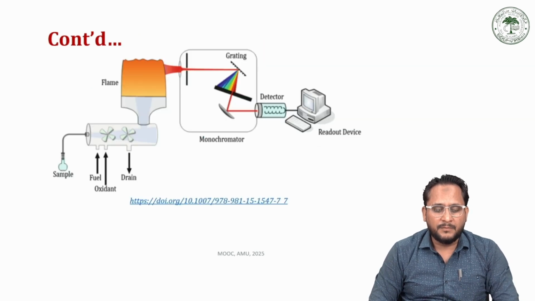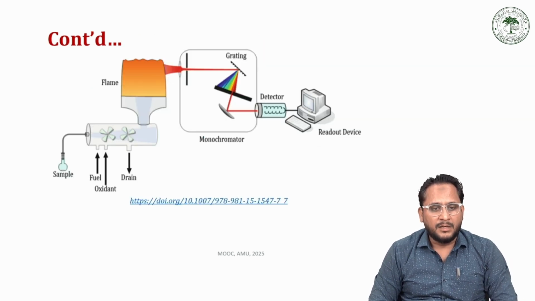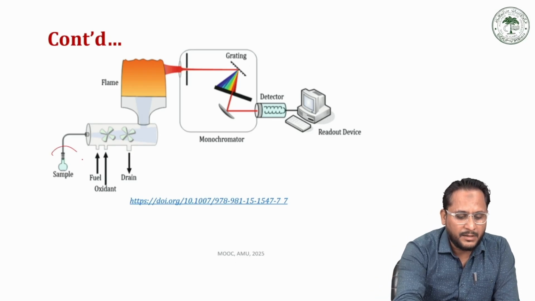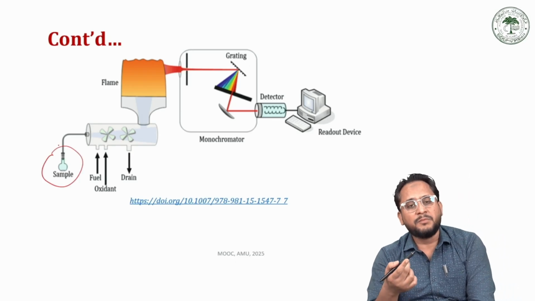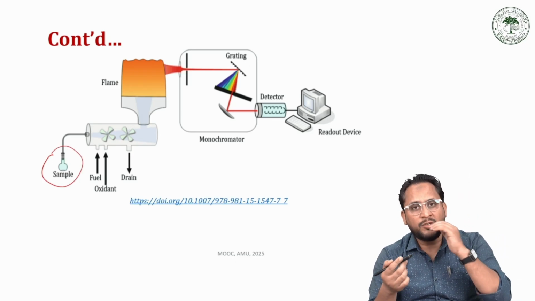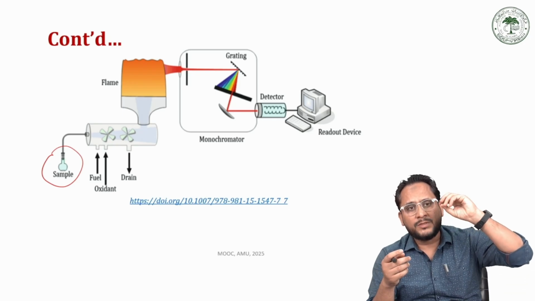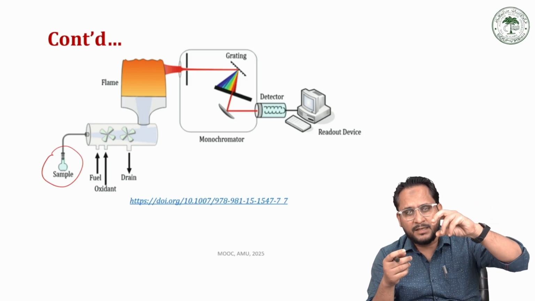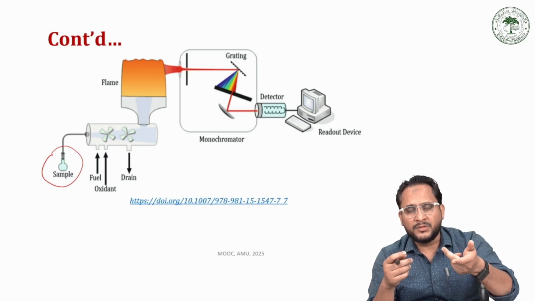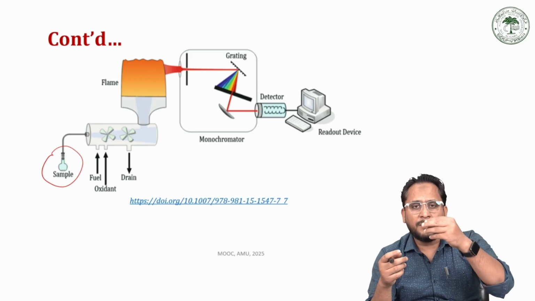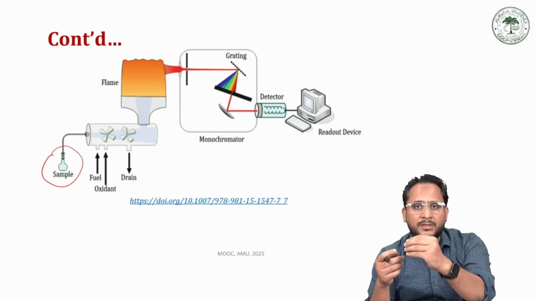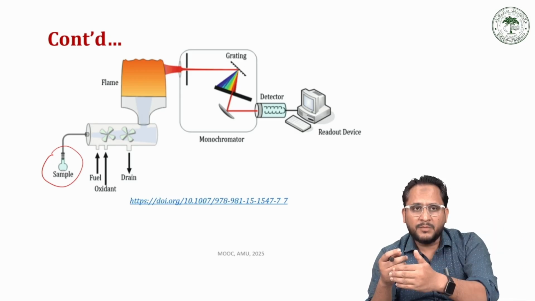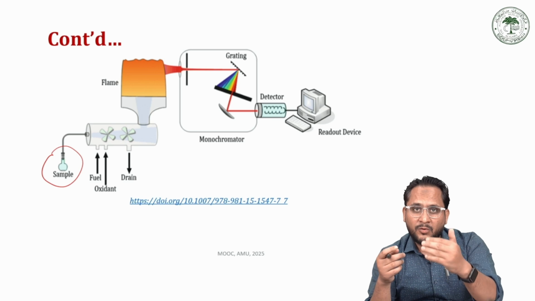This is a flow chart showing the sample, and since in emission spectroscopy we do not use a liquid sample, we use an aerosol of the sample, because if the sample is in liquid state, exciting those atoms and molecules becomes a bit difficult. For example, if you have a liquid sample and you are directly introducing that liquid into a flame, it may cause that flame to extinguish, it may lower the temperature.